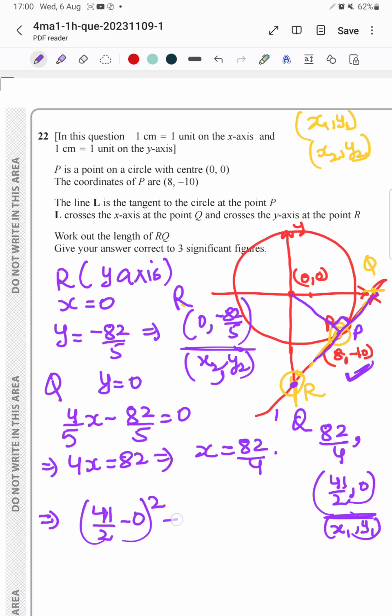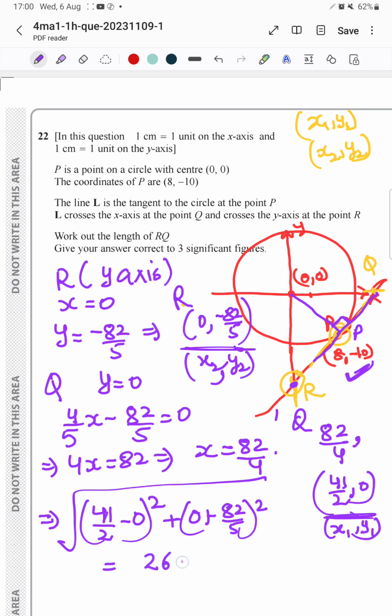So this squared, plus 0 minus 82 by 5, so it is plus 82 by 5, the whole squared, and square root. And when you simplify this whole thing, you will get your answer as 26.3 units. You have to answer in 3 significant figures. It will come out as 26.3 units.